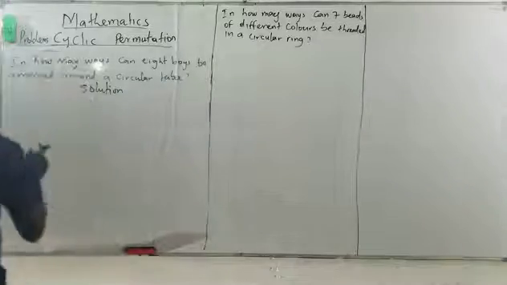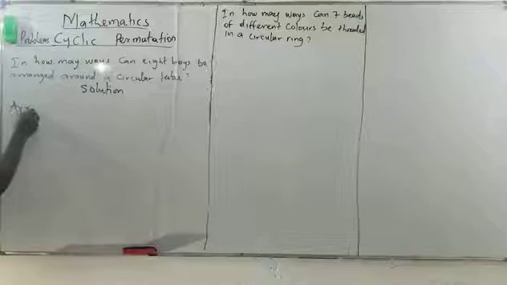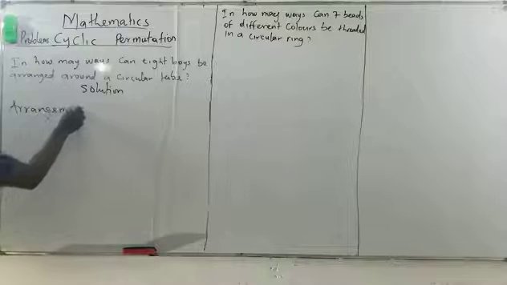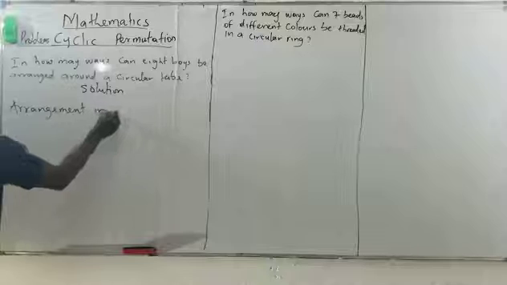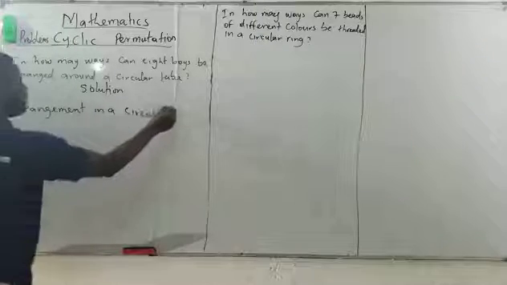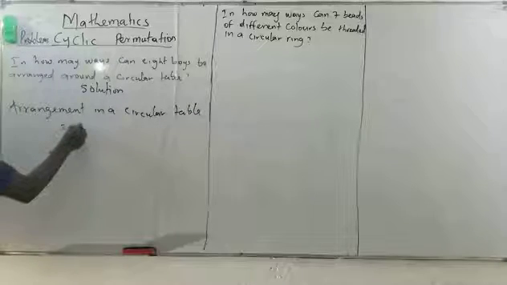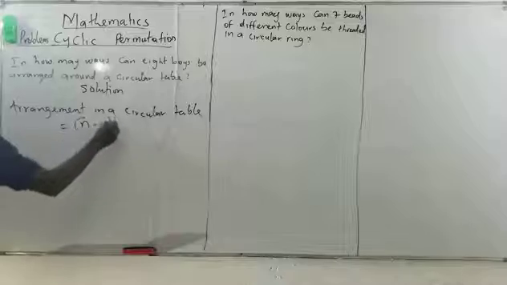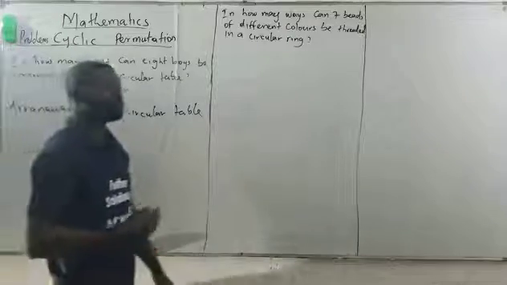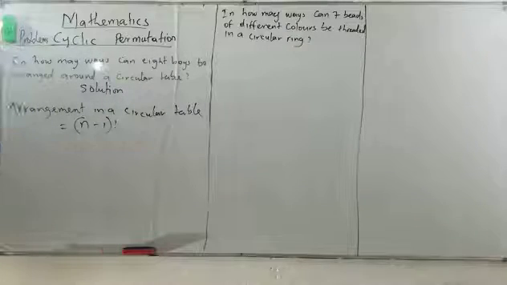Since you cannot tell the arrangements apart by turning the table, the arrangement in a circular table will be equal to (n minus 1) factorial. Before now, I've explained what factorial is. Please check that video for better understanding of factorial.